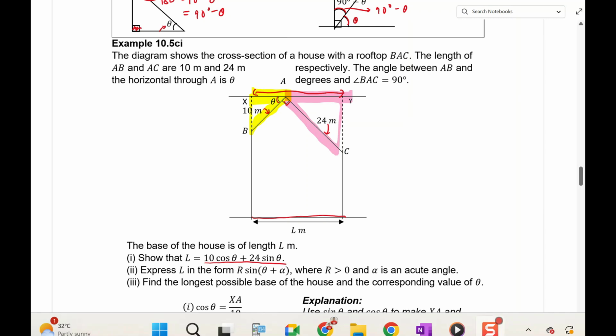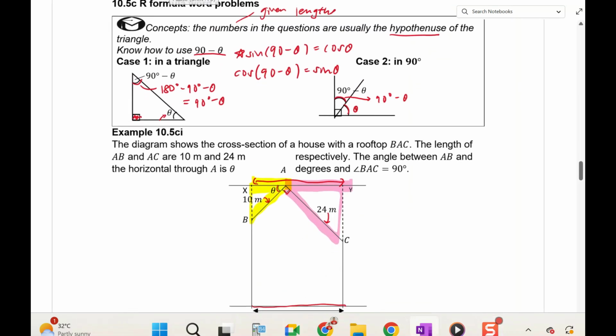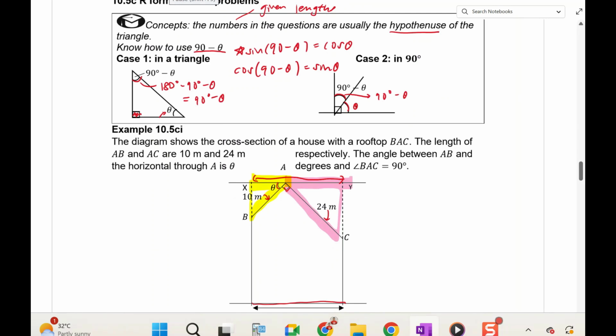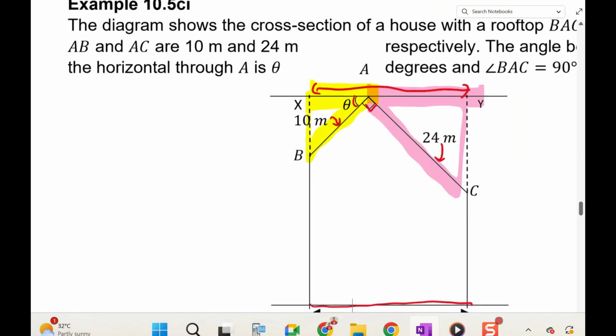Now we have identified the two triangles that we'll be focusing on. Now bring back concept 1. The numbers in the questions are usually the hypotenuse of the triangle. So for triangle XAB, 10 meters is the hypotenuse, and XA is the adjacent, and XB is the opposite. We have our hypotenuse and we want to find XA, which is our adjacent.